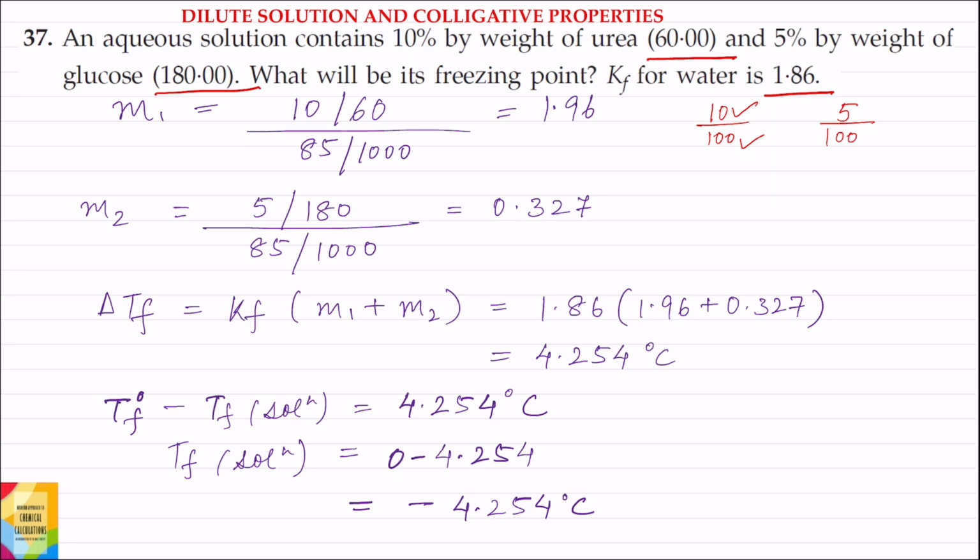Now urea and glucose are dissolved in the same solvent. So the weight of solution is equal to 100 gram.